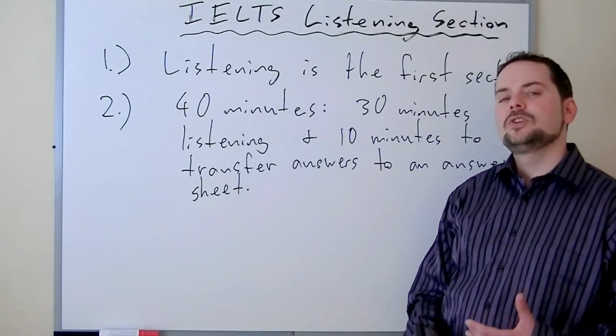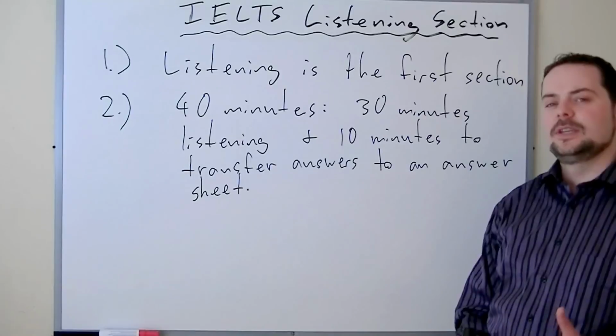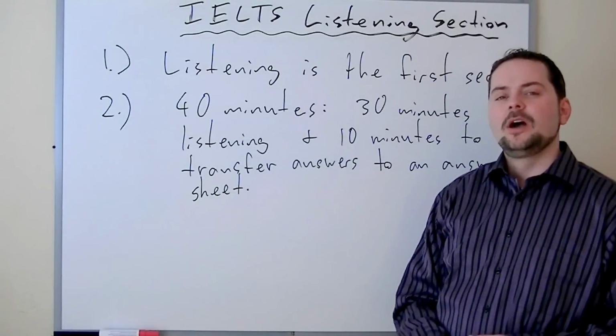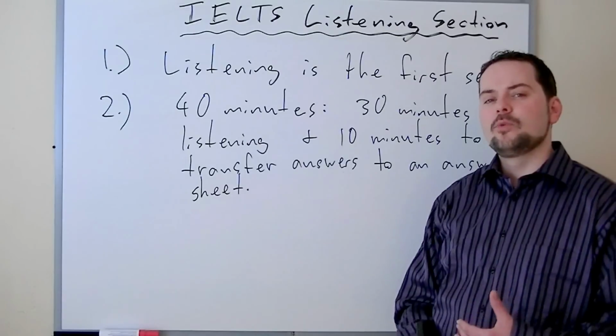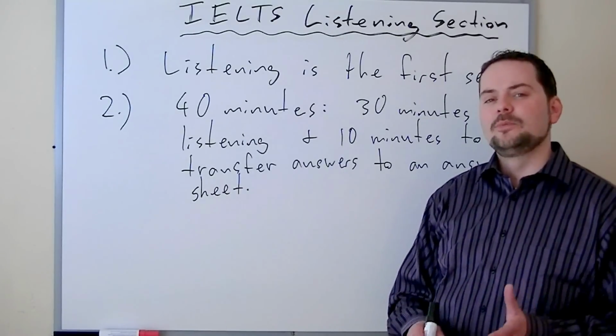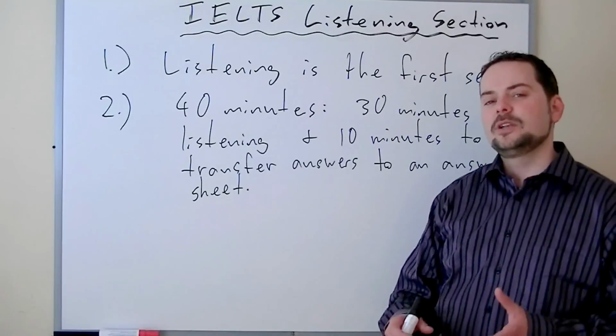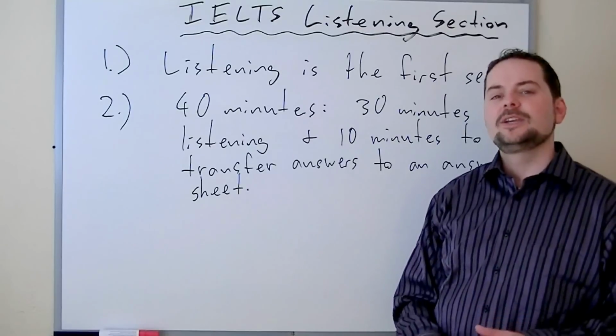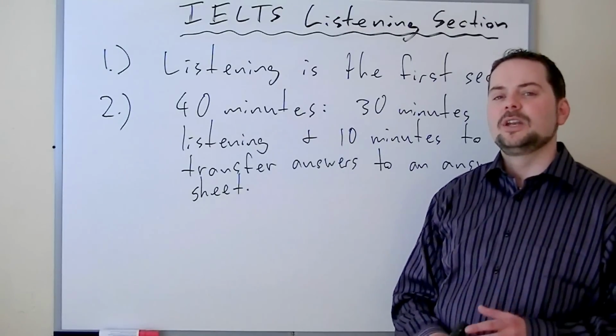Alright, so again, you just listened to part 1 of the listening section. The listening section includes 4 parts. And they each get more and more difficult. So part 1 is the easiest, part 2 is a little bit more difficult, part 3 is even more difficult, and part 4 is the most difficult. But don't panic, just relax. It's possible to get a nice high score.